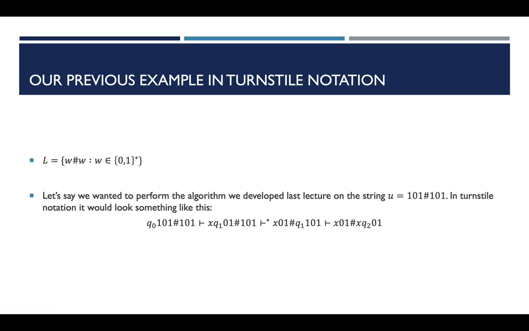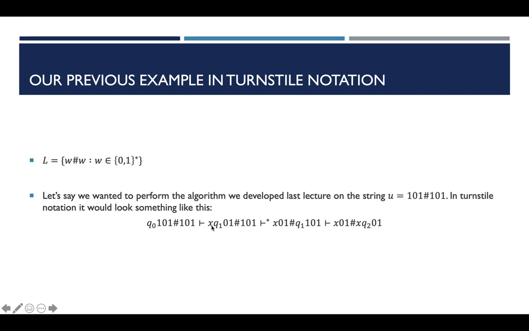If it doesn't, then we know we can stop and reject the string, because the string can't be in the language. If you look at the turnstile notation, that's exactly what we're doing. We started at some Q0, pointed at the very leftmost character, we read that character, and as part of reading it, we updated from Q0 to Q1.